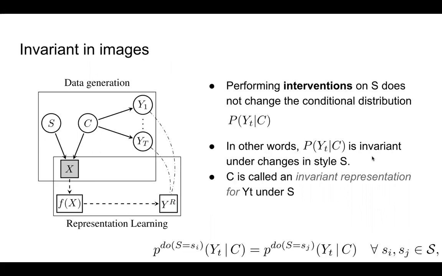That means that if we perform interventions on the style S, it will not change the conditional distribution of P of YT given C. Here YT is a downstream task. That means for a dog, as long as it is a dog, which means the C doesn't change, either this dog is on a beach, in a forest, or in a house, it will not change this conditional distribution.